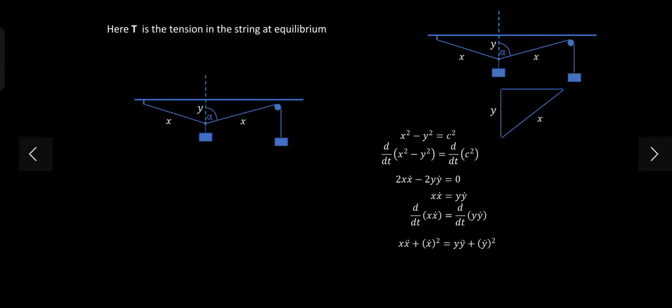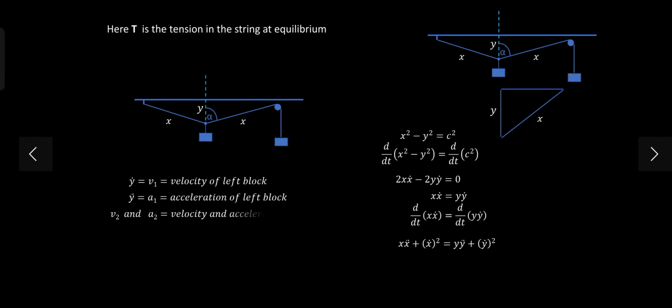There are some terminologies which we will keep in our mind. Here y dot is the velocity of the left block, which is denoted by v1, and y double dot is the acceleration of the left block, which is a1. Similarly, v2 and a2 are the velocity and acceleration of the right block.